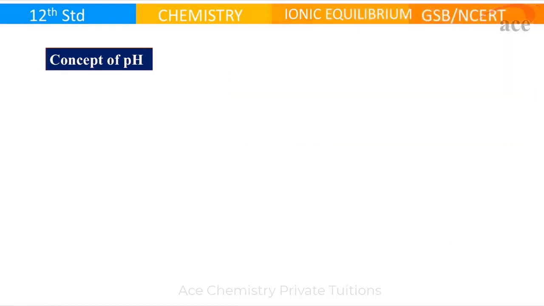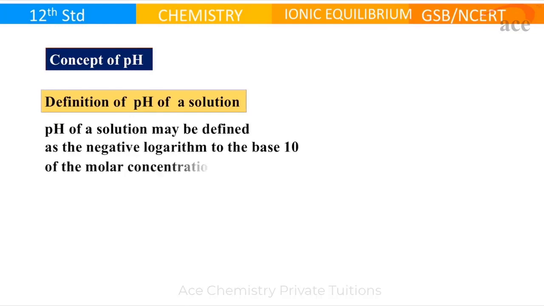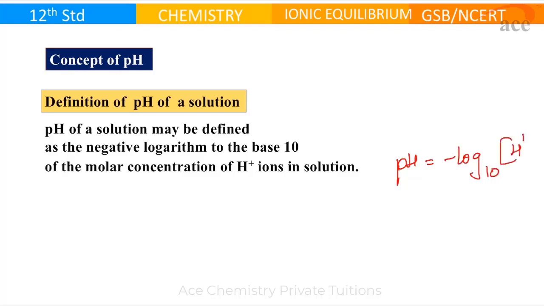So, the pH scale we will see, but let's first see its definition. pH is potens hydrogen, means potential of hydrogen ion, and the formula is minus log to the base 10 of the concentration of H plus.